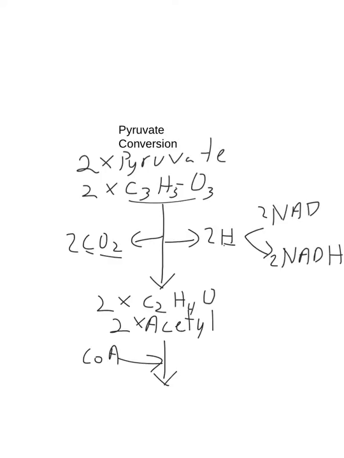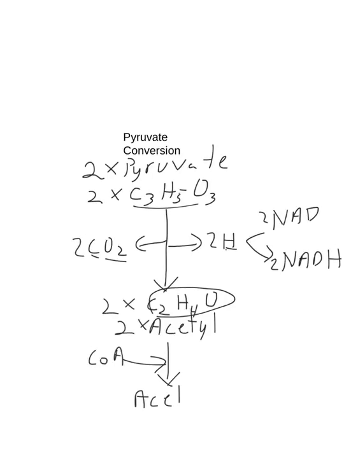So we're going to end up with the same amount of carbons, hydrogens, and oxygens carried by the coenzyme A. And thus we call this product acetyl coenzyme A. And, just as before, this happens twice, so we got 2 of these and 2 of those. Okay.